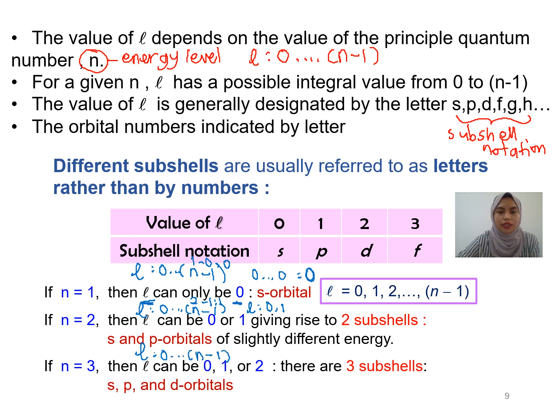Since the energy level is 3, 3 minus 1 equals 2. Therefore, the possible integral values for L will be 0, 1 and 2. So for energy level n equals 3, the possible L values are 0, 1 and 2. Therefore, you will have 3 subshells there, where 0 represents S orbital, 1 represents P orbital, and 2 represents D orbitals.